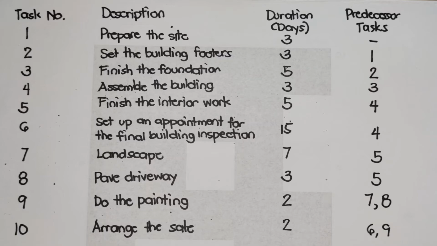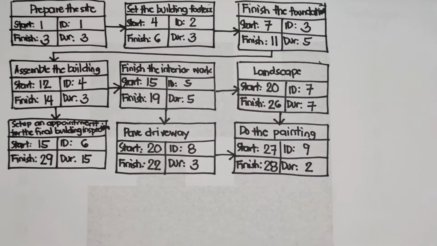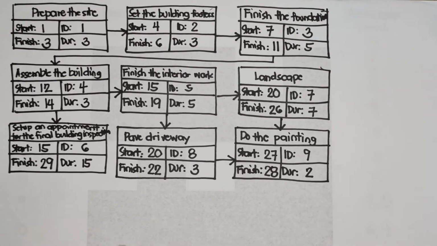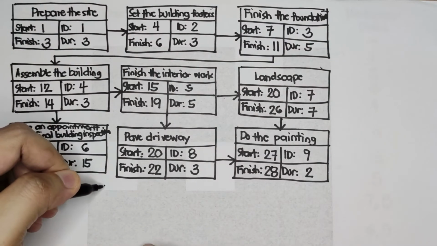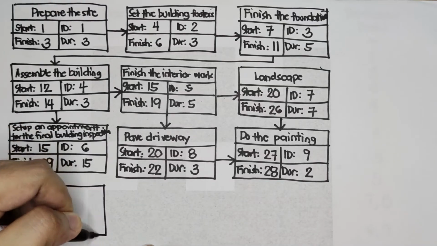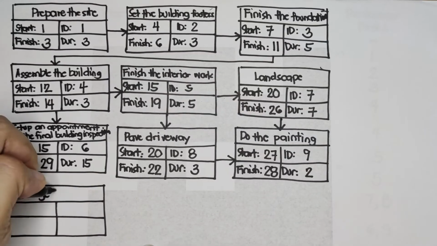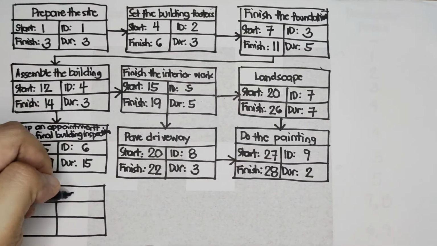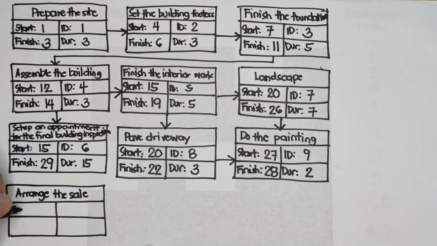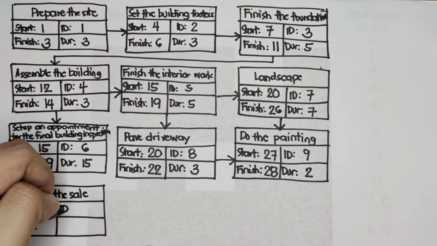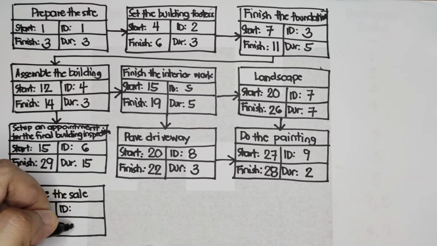Okay, the last task. Arrange the sale. Task number 10, duration is also 2, and its predecessor tasks are 6 and 9. Let's have it in here. We have arrange the sale, with start, finish, ID, and then the duration.